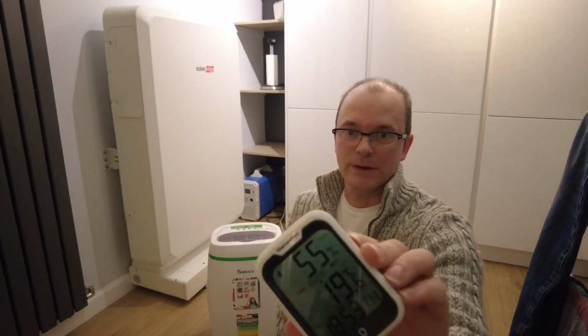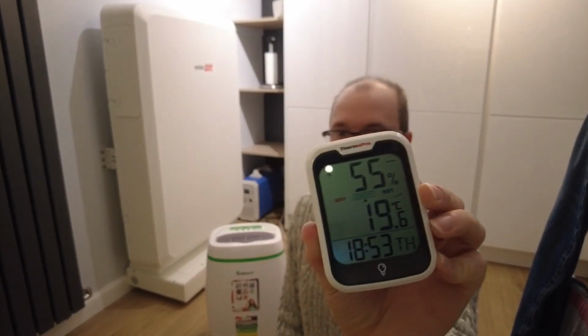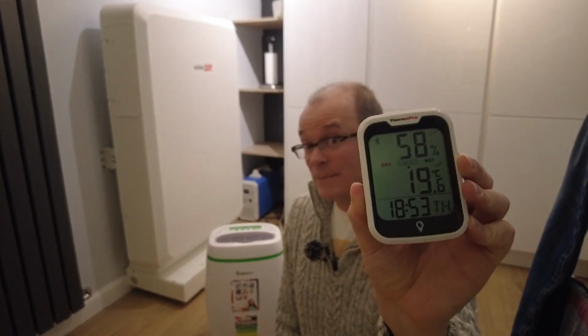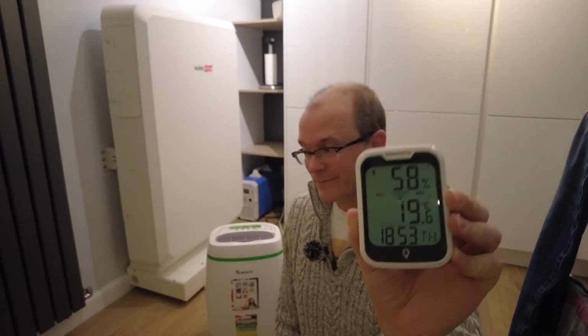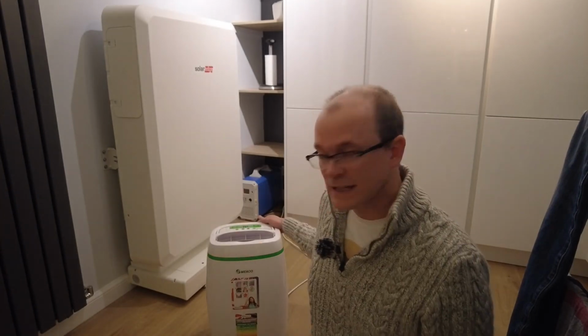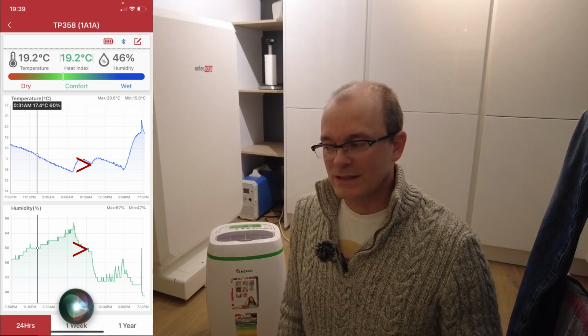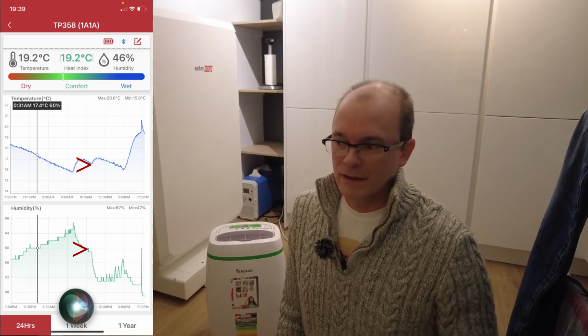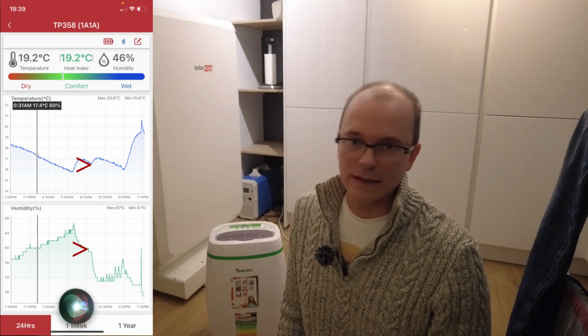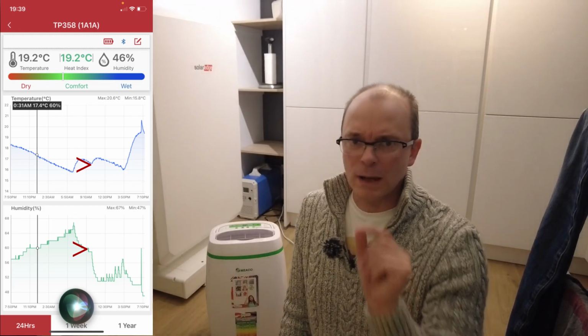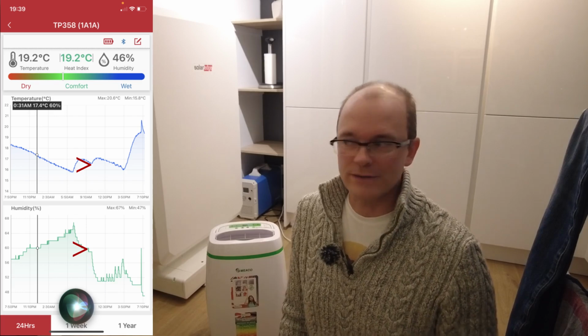Now, I recently purchased one of these. It's a hygrometer. It has a Bluetooth connection to my phone, and it means you can log data with it. And I was running a dehumidifier like this in my bedroom. And one of the things you notice is that when you switch on the dehumidifier, the humidity, as well as dropping down quite considerably initially, you get a small uptick in the temperature in the bedroom.